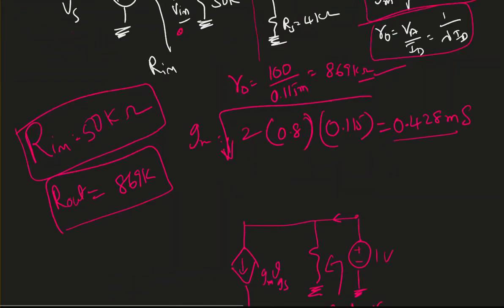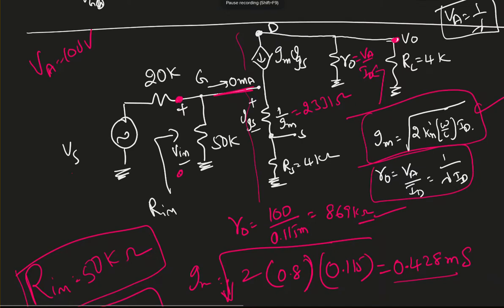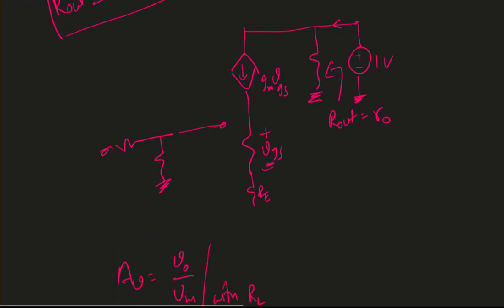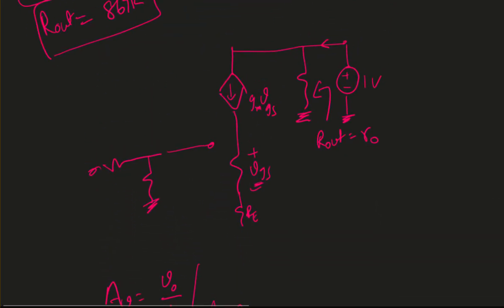Now when we look at this circuit, we'll try to find an equation. I can see these two are in parallel, RL parallel with R0, and the current passing through this must be gm times VGS.